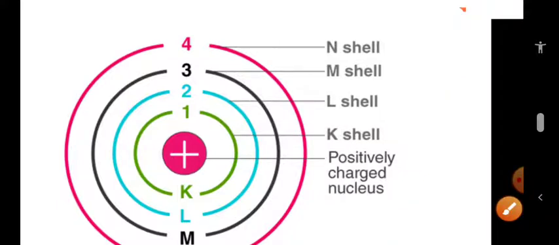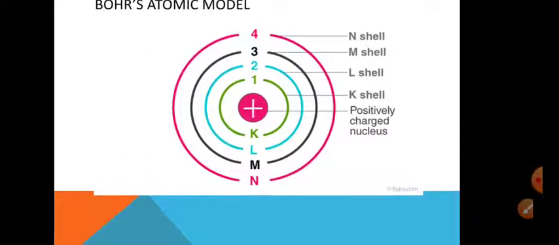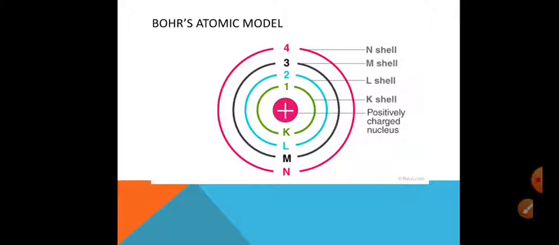What is this 2n square? Let us understand. Before that, let us finish this Bohr's atomic model. In simple words, we can explain Niels Bohr's atomic model like this: a music chair.